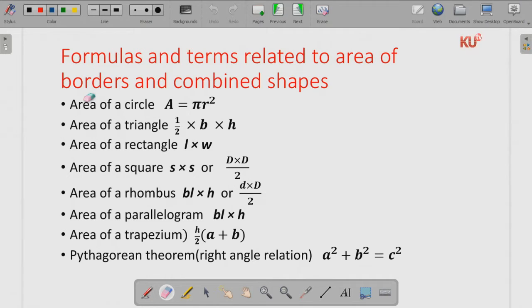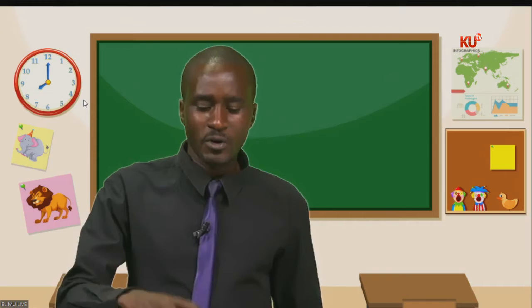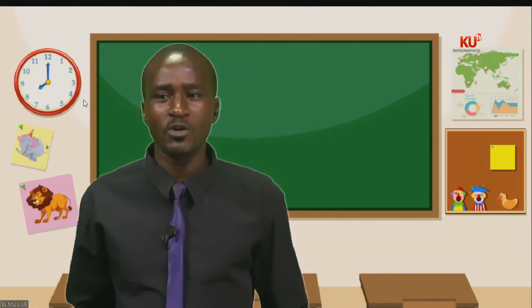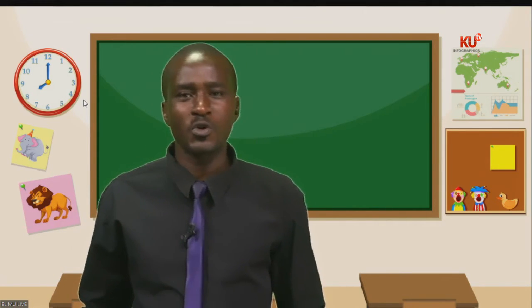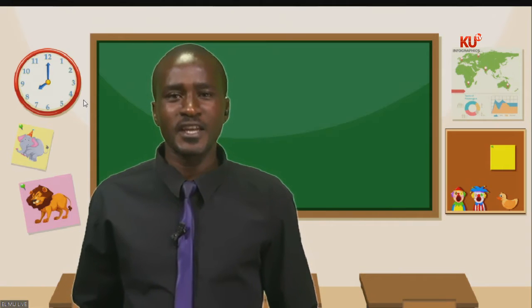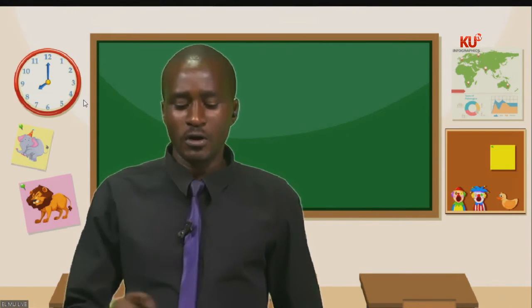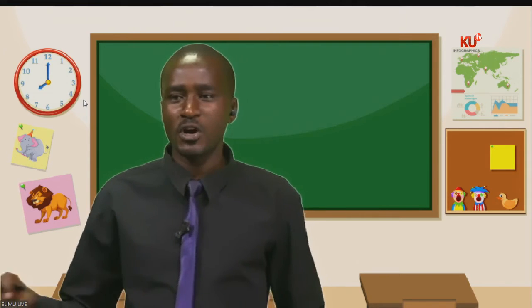And we have another formula for finding area of a square in case you are given diagonals only, because for the square, diagonals are the same. So we say diagonal times diagonal over 2. What about rhombus?